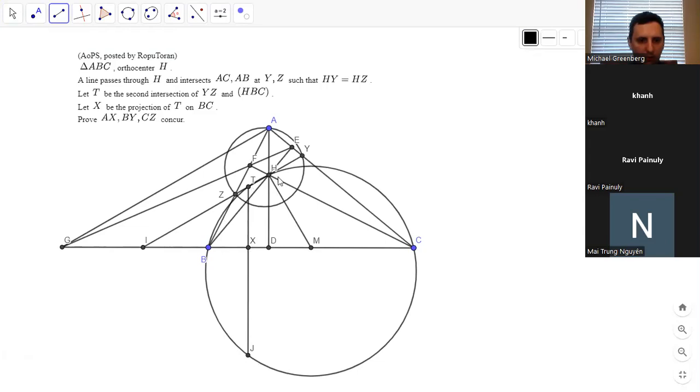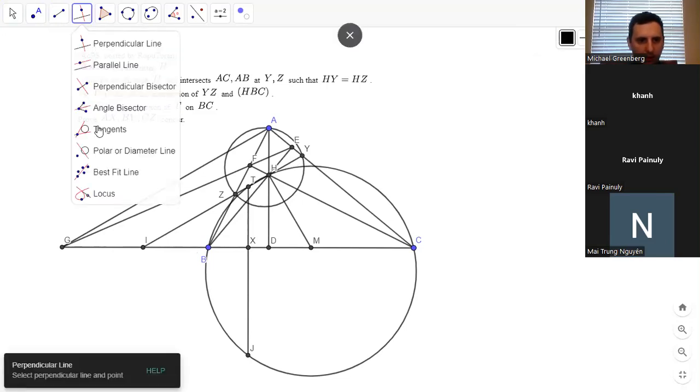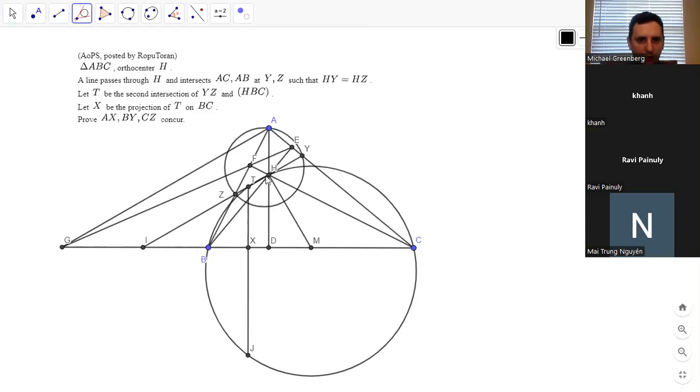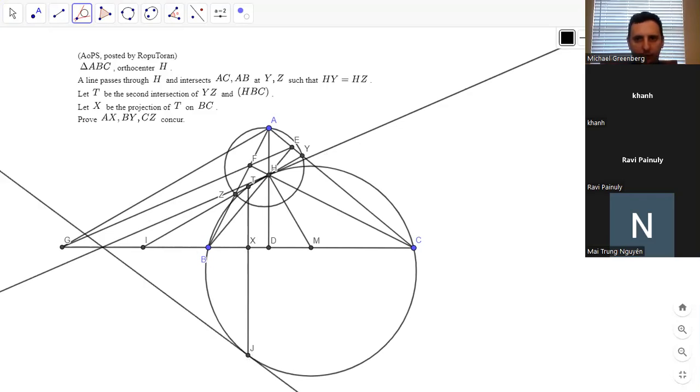So we want to show HBJC is harmonic. I wonder, is GH tangent to this circle? No. But yeah, those tangents should concur on BC.